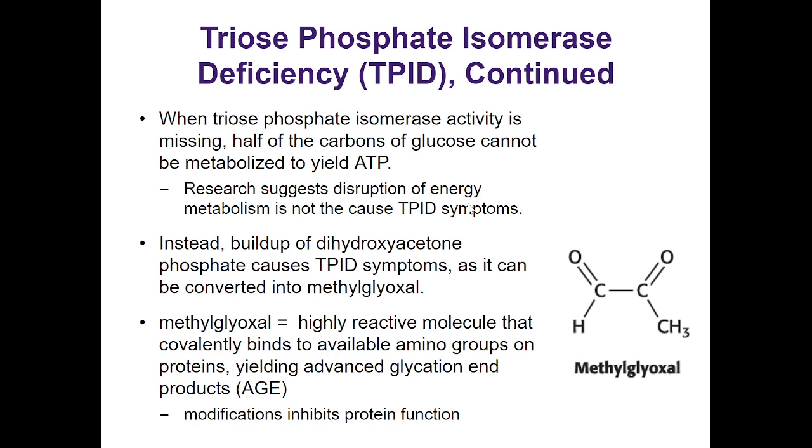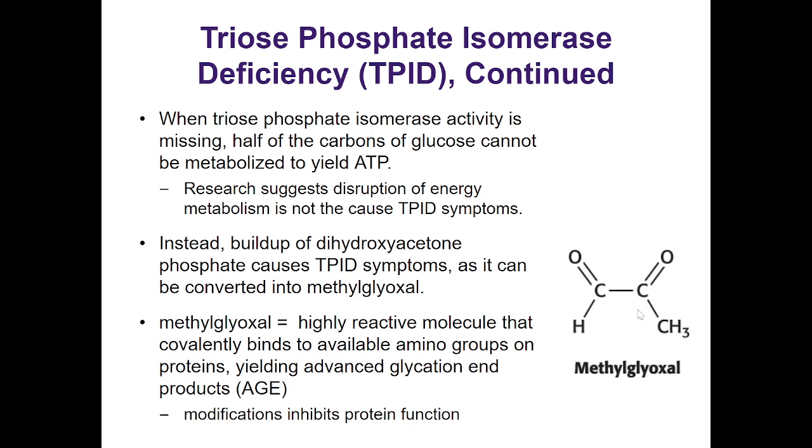So it's actually the buildup of the dihydroxyacetone phosphate that's going to cause your TPID symptoms. It cannot be converted into the methylglyoxal. Methylglyoxal is a highly reactive molecule, it has a double carbonyl here, which gives a big hint that this is very reactive, that will covalently bind to available amino acids on proteins.